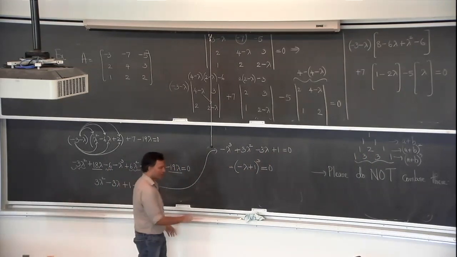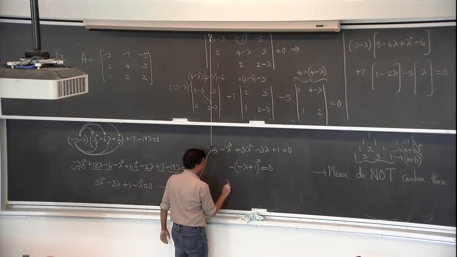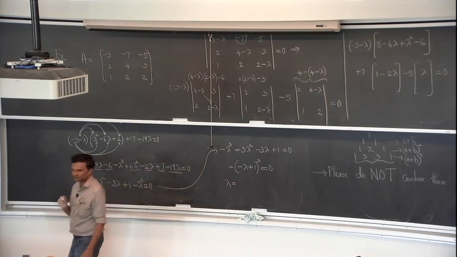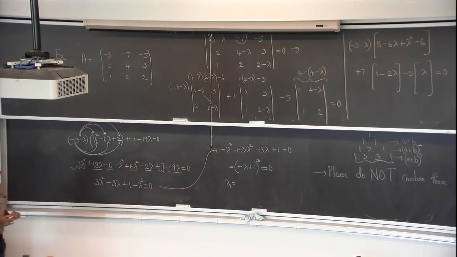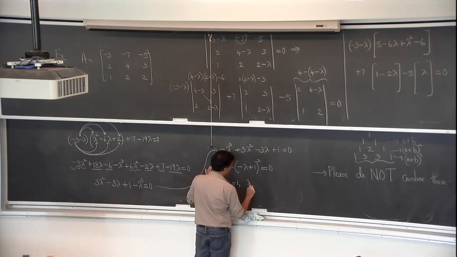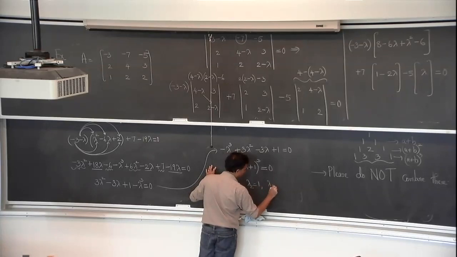So what are the eigenvalues here? Now can you tell me what the eigenvalues are? 1, 1, 1, three times. So lambda 1 is 1, lambda 2 is 1, lambda 3 is 1.